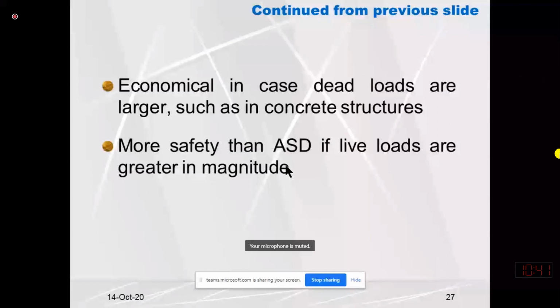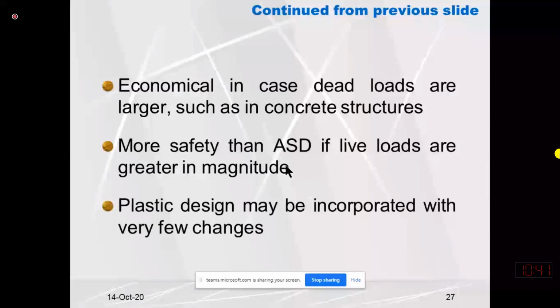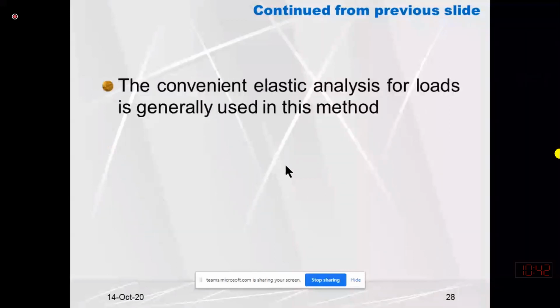Plastic design may be incorporated with few changes. What does plastic design mean? Plastic design means that if I am considering the material strength equal to or more than yield strength, or more than its elastic limit, then this design becomes plastic design. Conventional elastic analysis for load is generally used in this method.